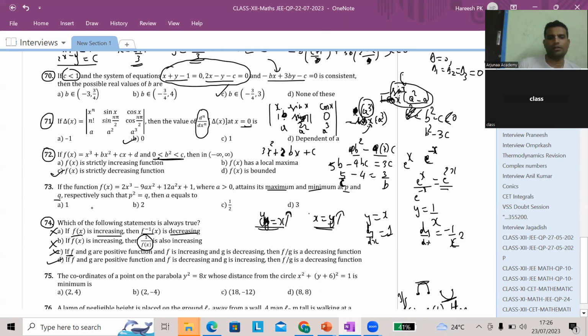What do you get here? 6x square minus 18ax plus 12a square. Isn't it? Yes.